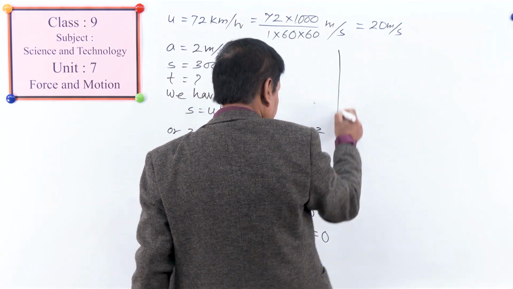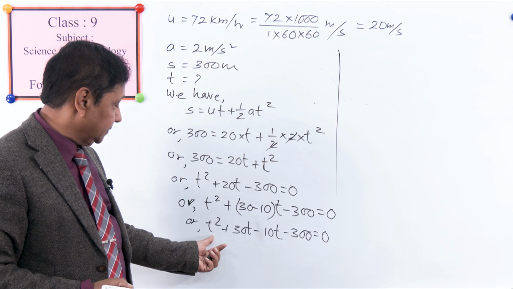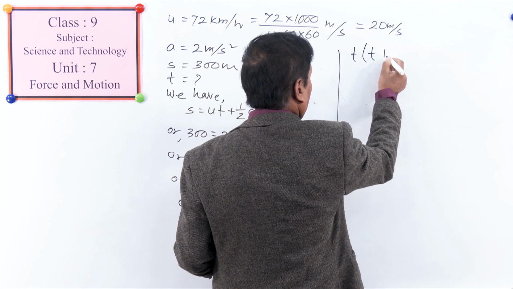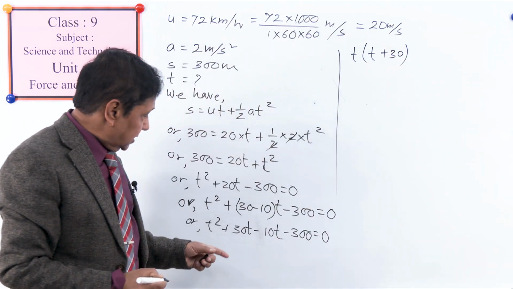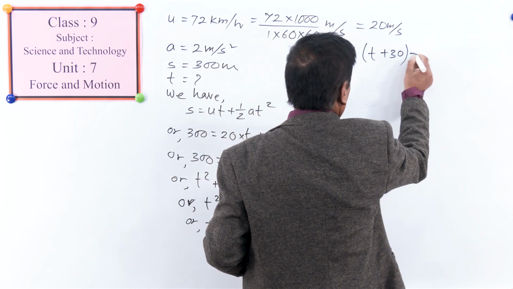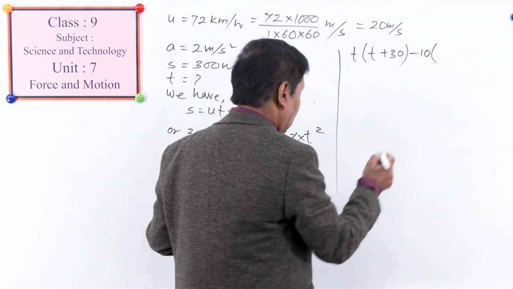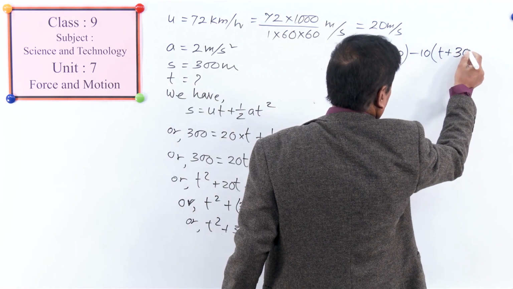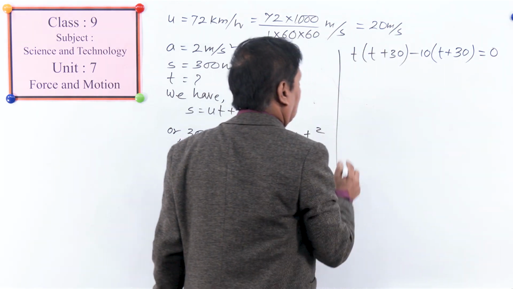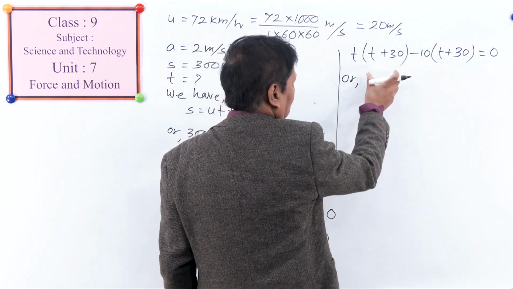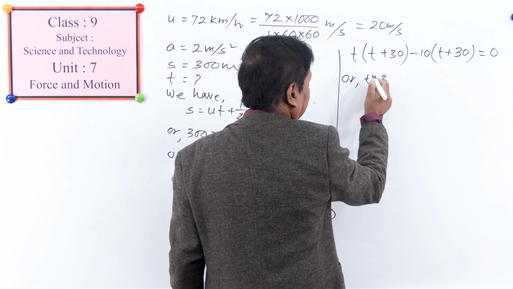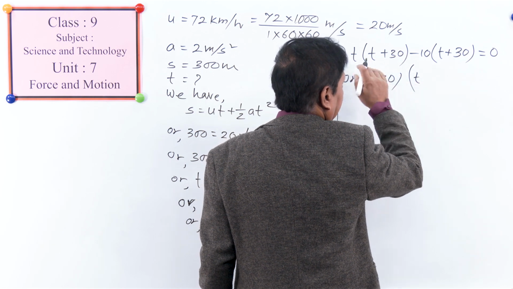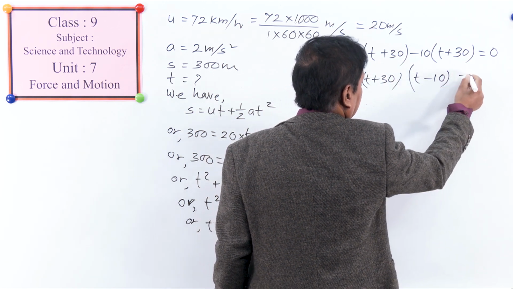If t is taken as common here, t into t plus 30, and if minus 10 is taken as common, minus 10 into t plus 30 is equal to 0. And if we take common again, t plus 30 here, and in the first expression t is left, in the second minus 10 is left, this is equal to 0.